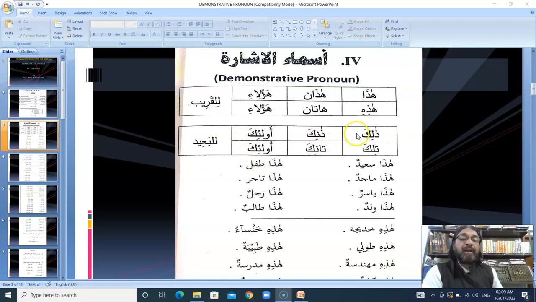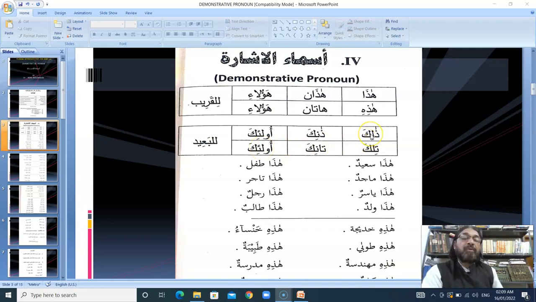So if they are masculine, then you have to use all these 3 on the top. You can see my cursor. And if they are feminine, you have to use all these 3. So first one for singular, second one for dual, and third one for plural, means more than 2.